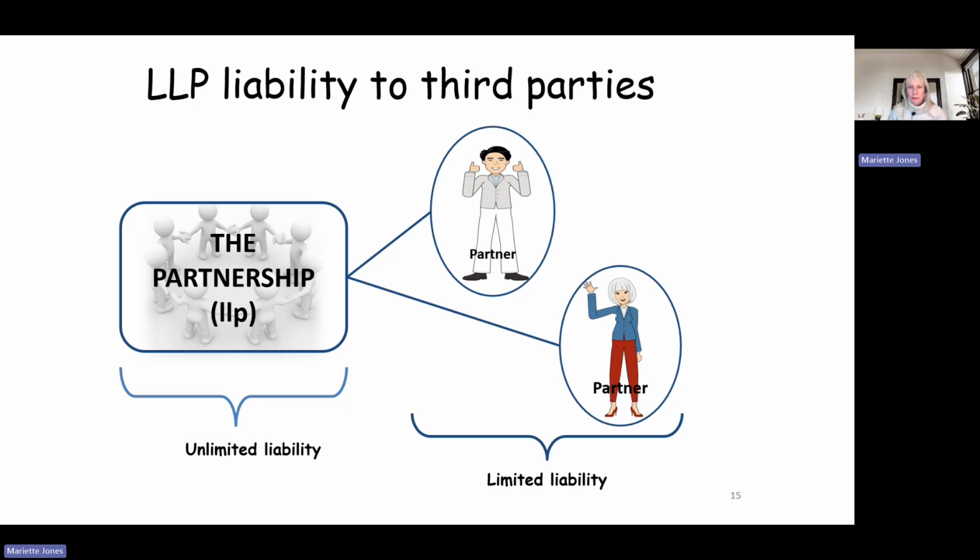Members of an LLP enjoy limited liability. This means that their exposure is generally limited to the capital that they have contributed unless they engage in wrongful or fraudulent trading. However, the LLP as such, of course, can be held liable in full for a debt incurred on its behalf by a partner.